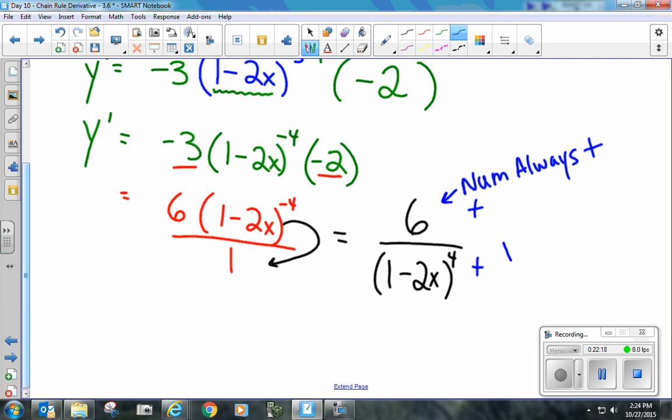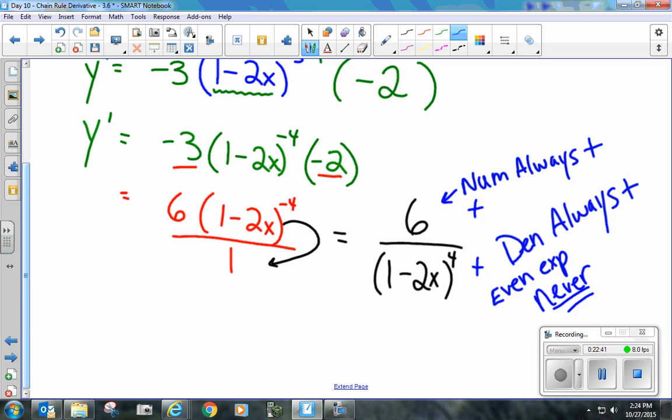So the denominator is always positive. How come? Because the even exponent will never give you a negative answer. Even exponent is never negative. So a positive over a positive will always be a positive.